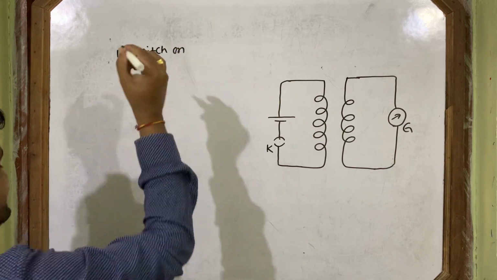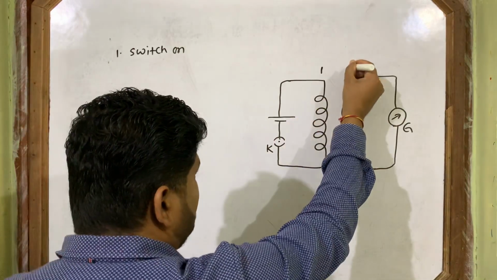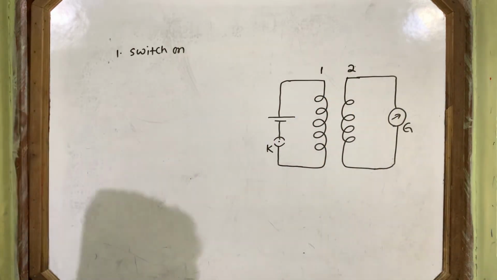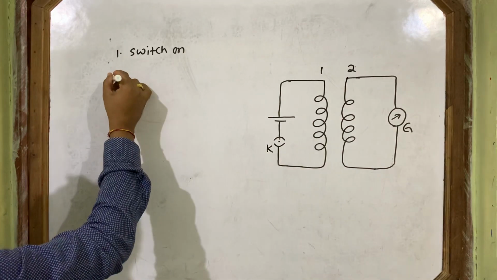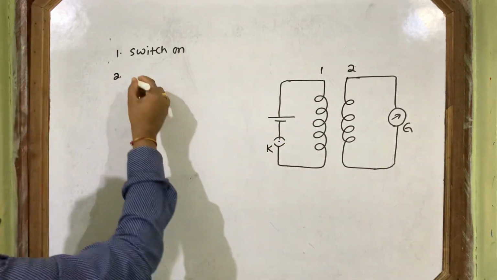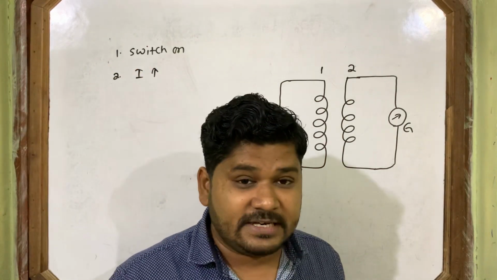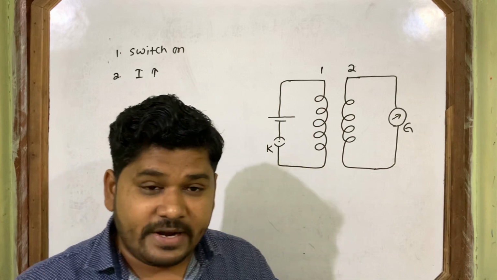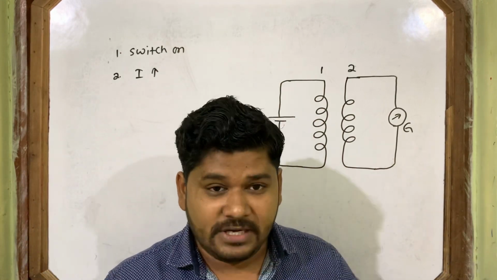Switch on. The switch is here in the first coil. I am writing its name 1, and this one I am writing 2. So the switch is on in the first coil. Immediately, what happens when the switch is on? Current increases. I have told you, in direct current, when the switch is on, current increases from its zero value to its maximum constant value.